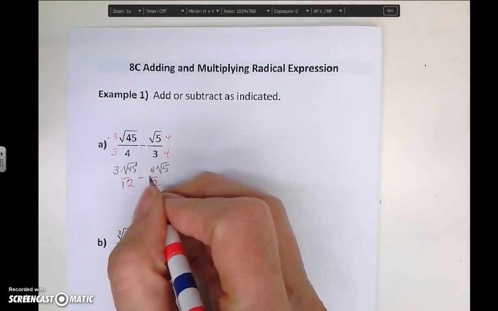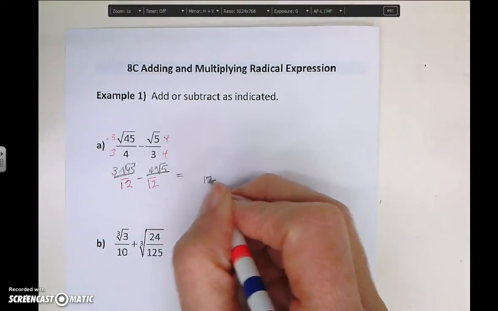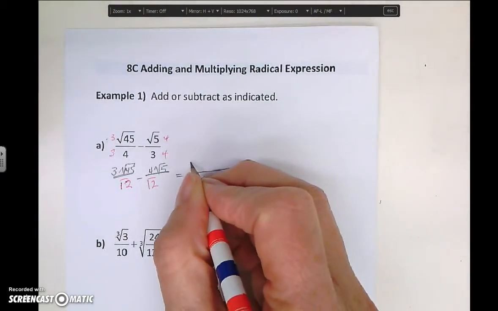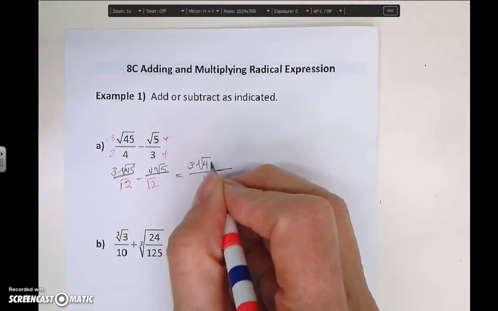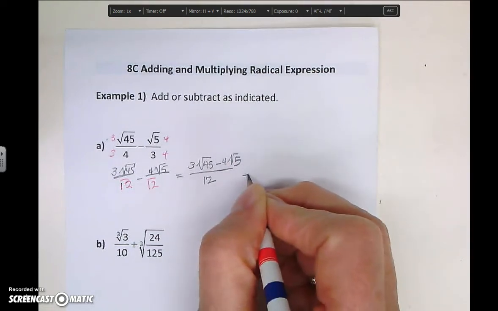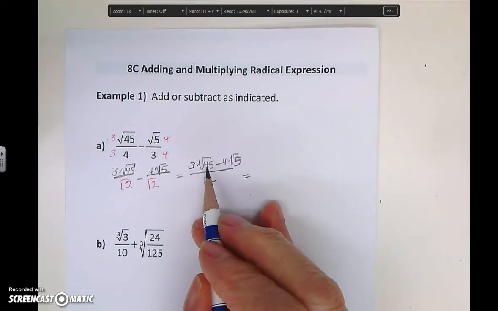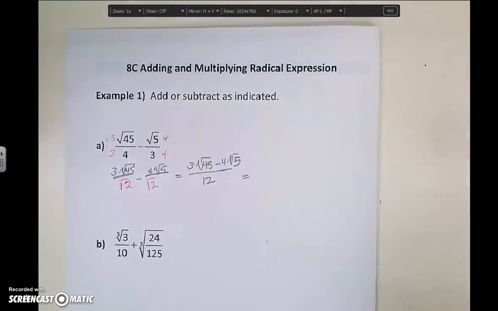So that when we add our fractions, we keep our denominator and we add our numerator, 3 square root of 45 minus 4 radical 5. All right, but they're not like radicals because this is a square root of 45 and the square root of 5.